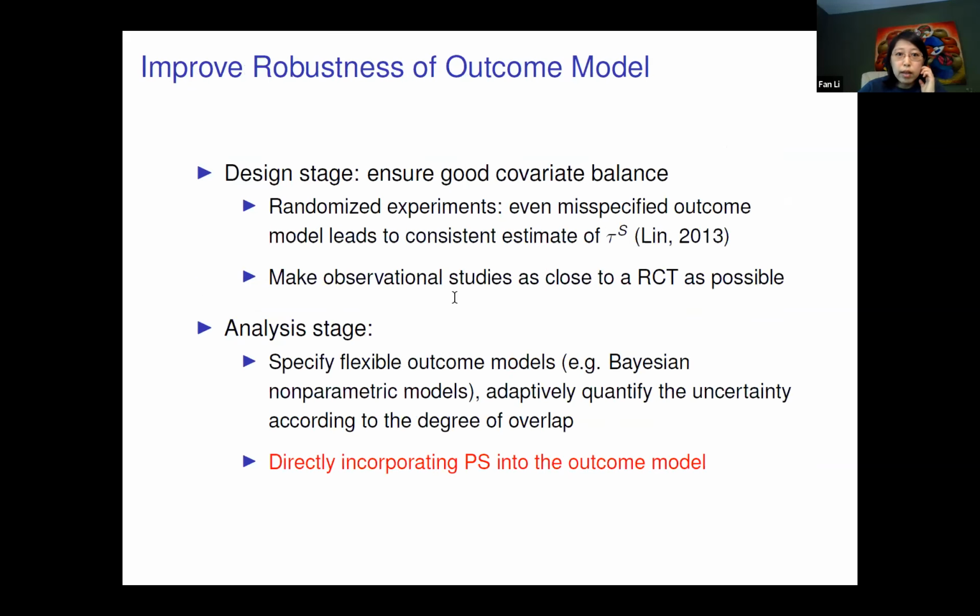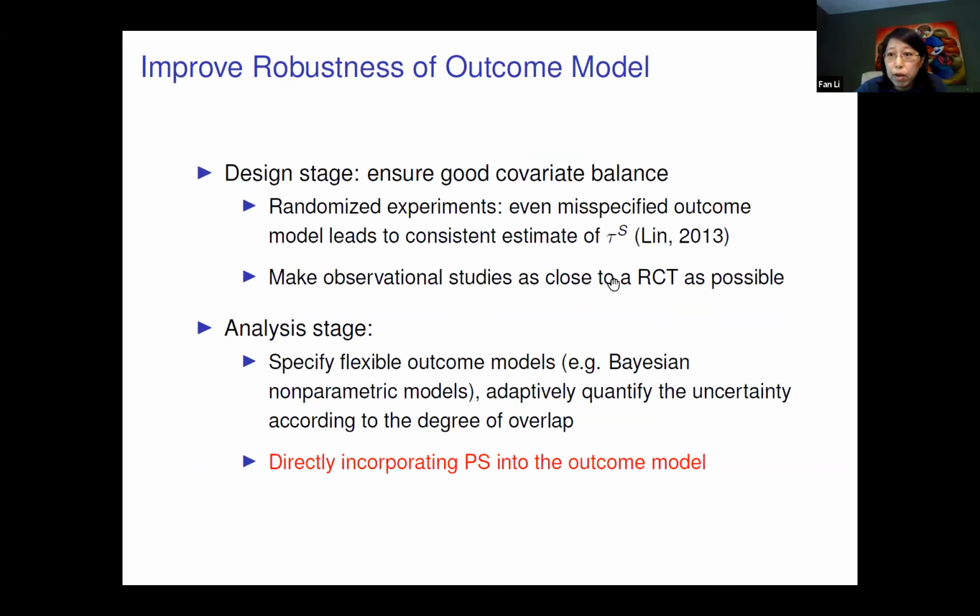So how do we improve? The question is, how do we improve the robustness of the specified model, right? There are two different aspects. From the design stage, which is what frequentists are very used to, you want to ensure good covariate balance to begin with. In the most extreme case, if we have a randomized experiment, then of course the treatment group and control group are well balanced in everything, even in the unmeasured confounders.